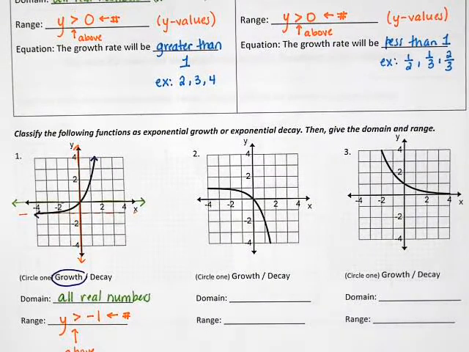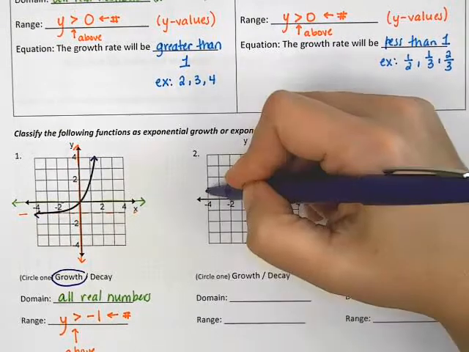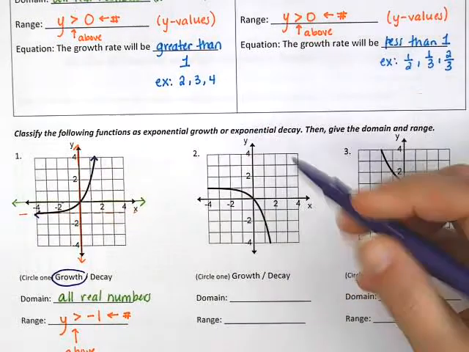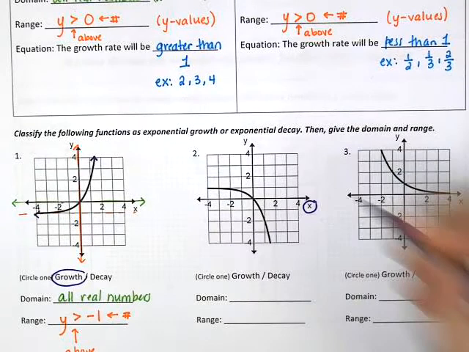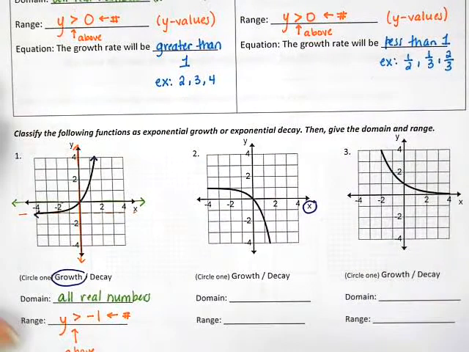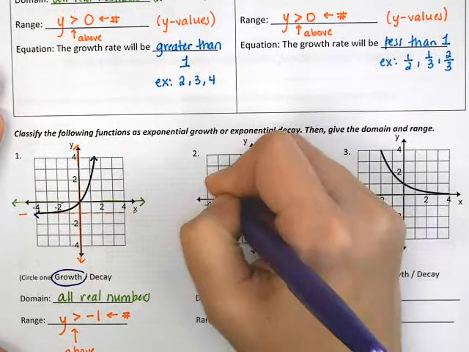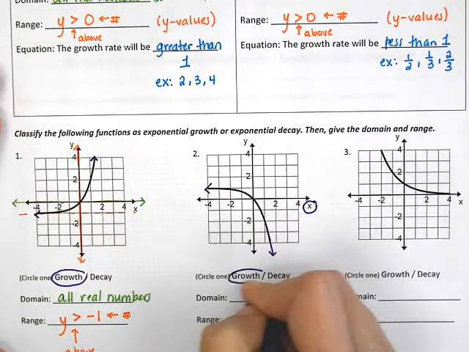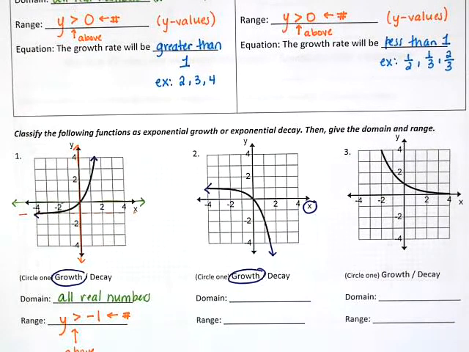Now let's look at problem 2. So in problem 2, my graph is going downhill, but it's still getting farther away from the x-axis. So it's going far away, which means we're still going to call this growth, even though it's going downhill. The domain would be the x values.